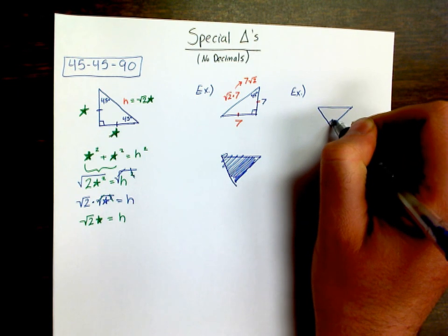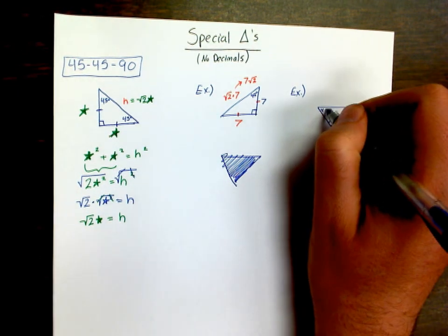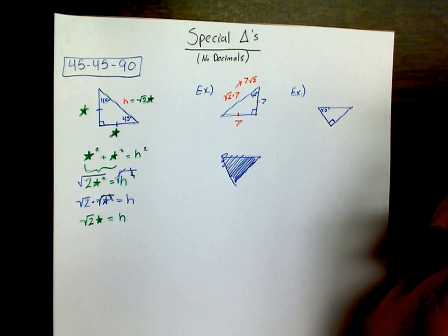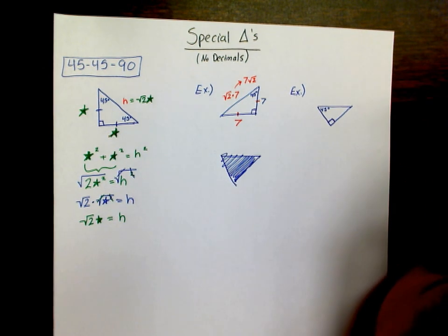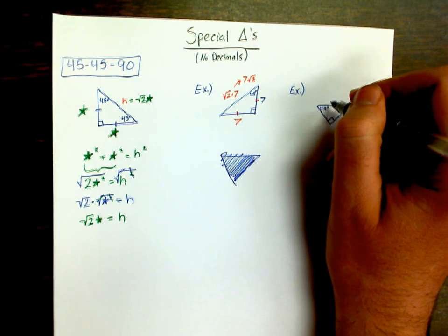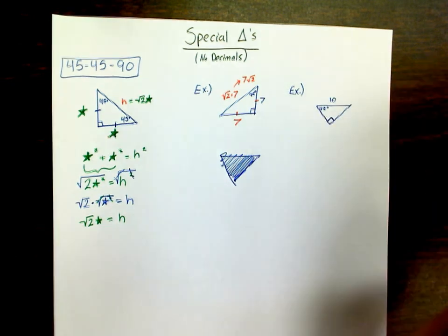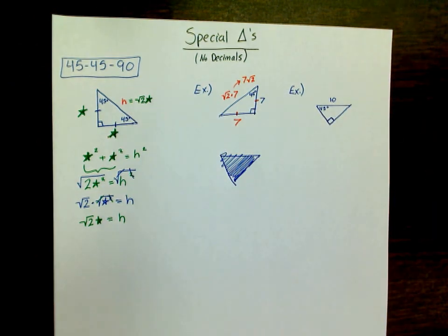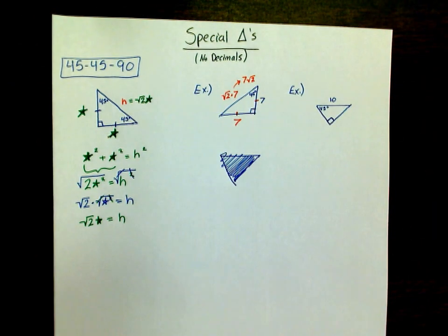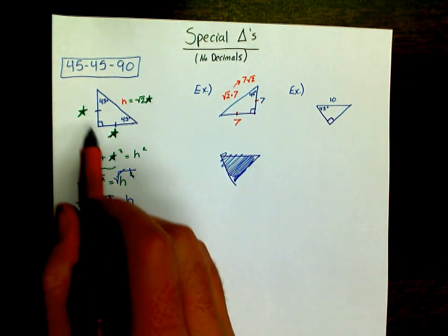Alright. And 45 degrees. Okay, now let's say this time that they gave us the longest side. Let's say that they gave us 10. That's the hypotenuse. Alright? Well, one strategy that is often helpful when doing this is that you label the sides according to the rule. Our rule is stars.